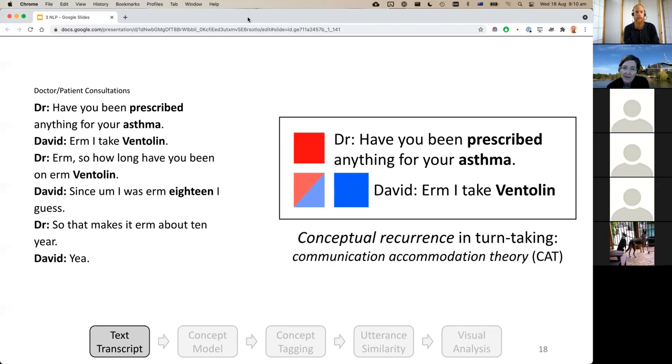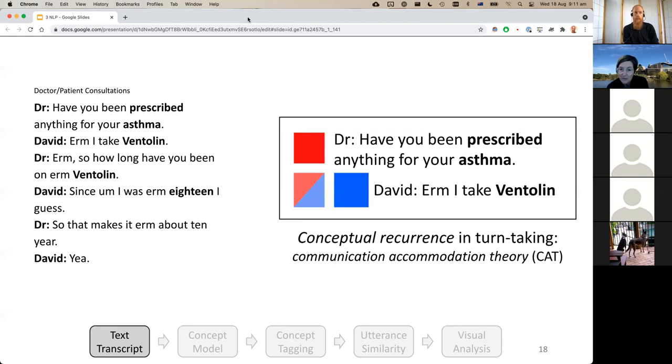Beneath that red-blue diagonal is a triangular box, half red and half blue, which shows when they're talking about the same thing. If they're completely different, that box will be completely white. If they're talking about exactly the same thing, it'll be a really intense color. Now, this way of looking at similarity is called conceptual recurrence. And a conversation is turn taking.